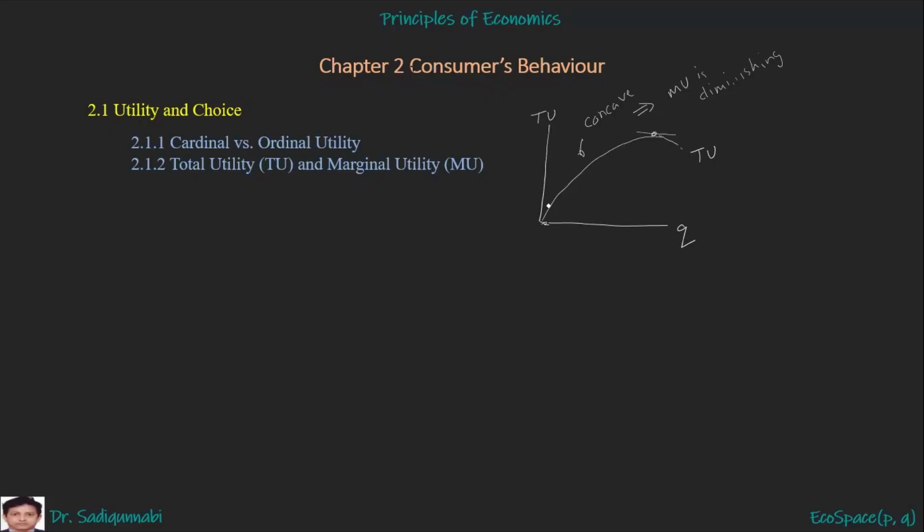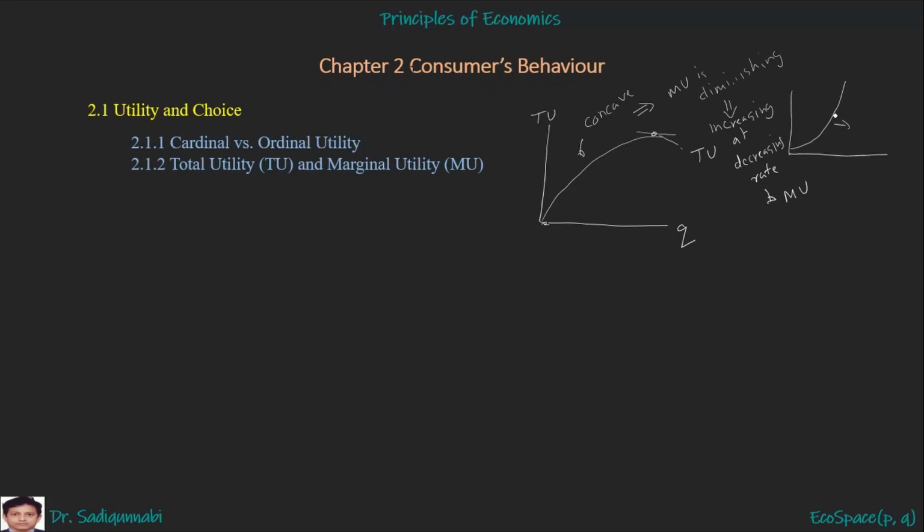That is, total utility is increasing at a decreasing rate, and this rate is called marginal utility.